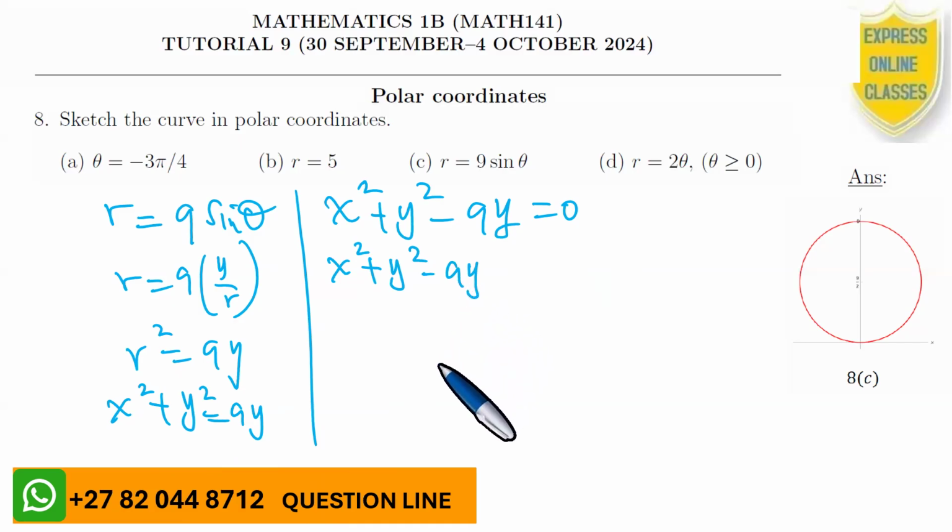So you have x squared plus y squared minus 9y. We look at the coefficient of y, it's -9, you divide it by 2, you square it.